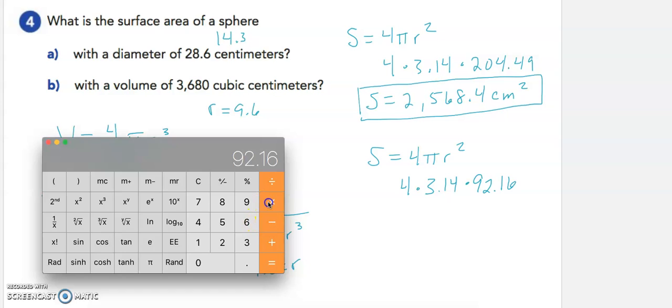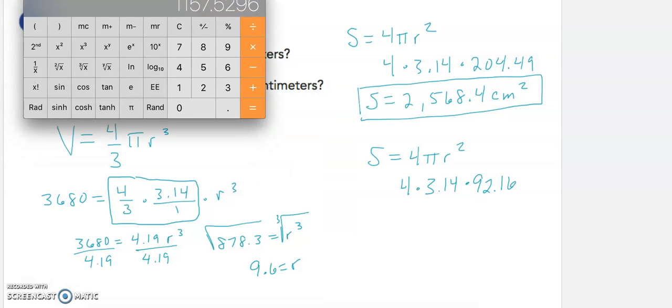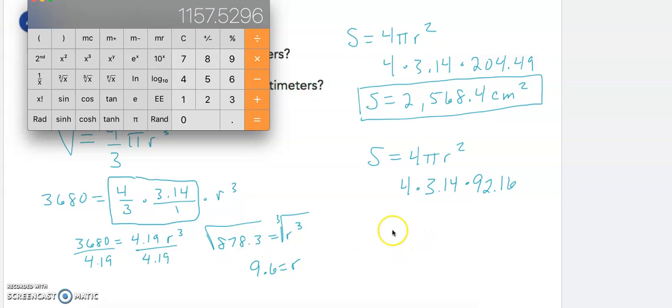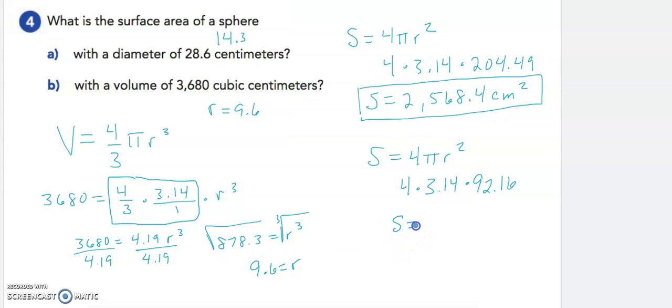Times 3.14 times 4 equals 1,157.5. So surface area equals 1,157.5 centimeters squared.